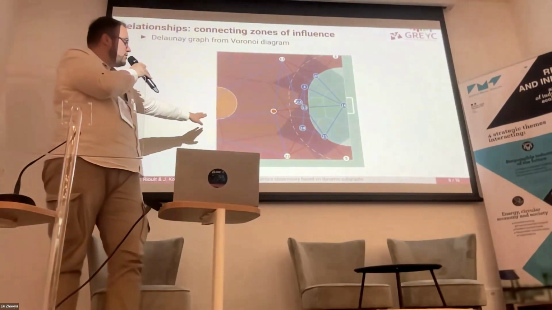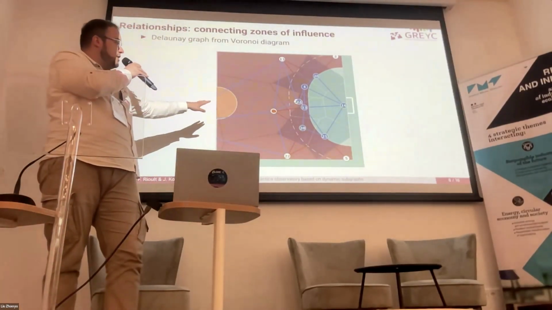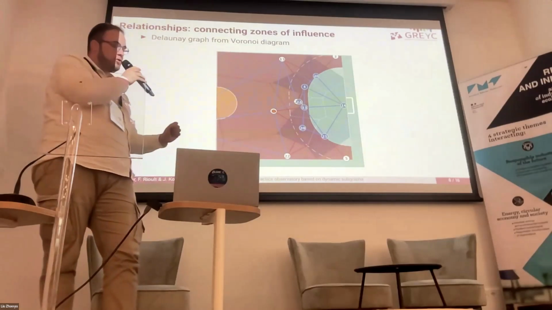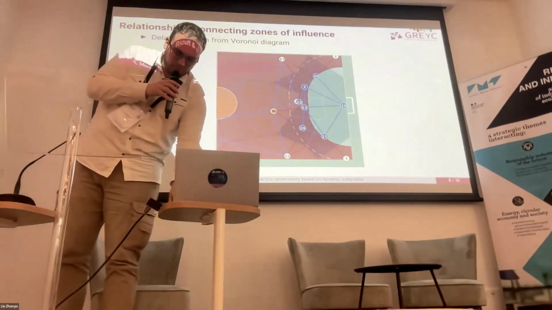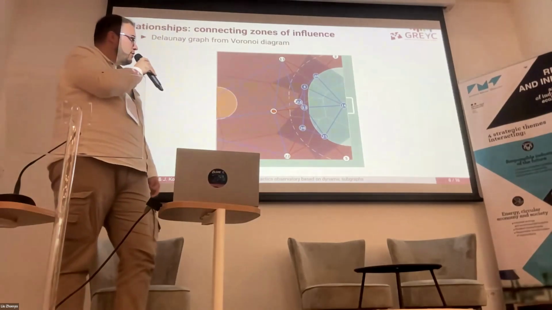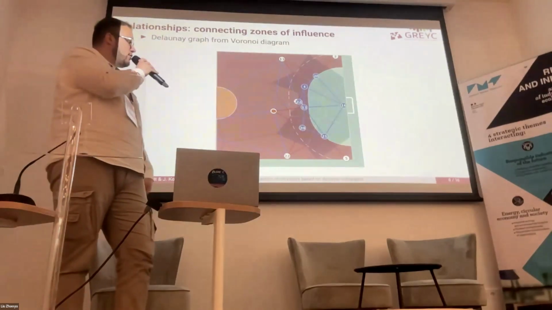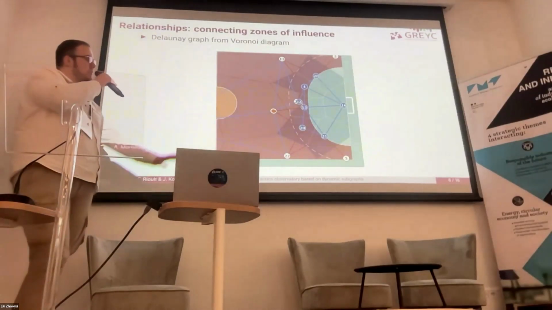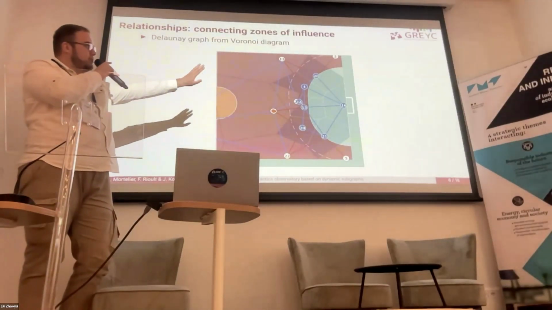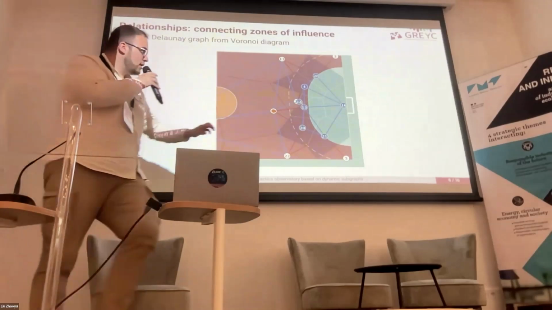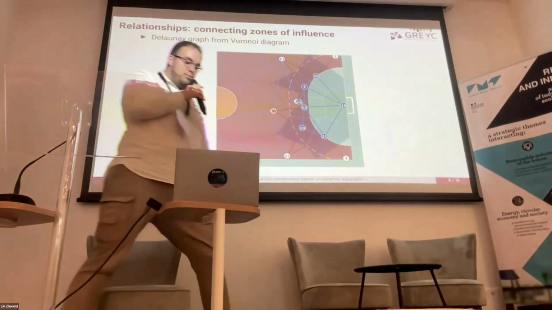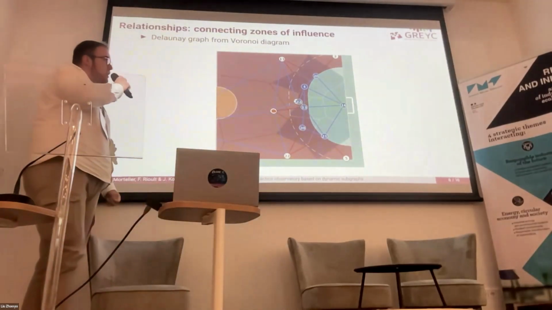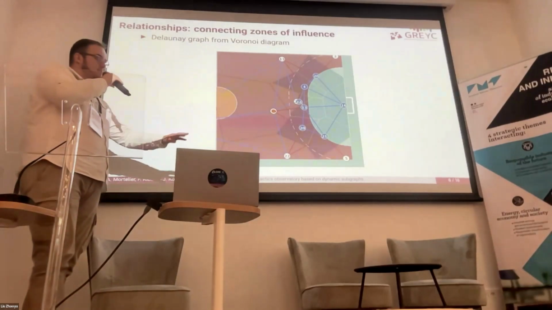In blue, you have a teammate relation, and in red, you have an opponent relation. But Voronoi is computed on a polygonal space, and as you can see, in the zone around the goal, players can't be there, but it's curved.